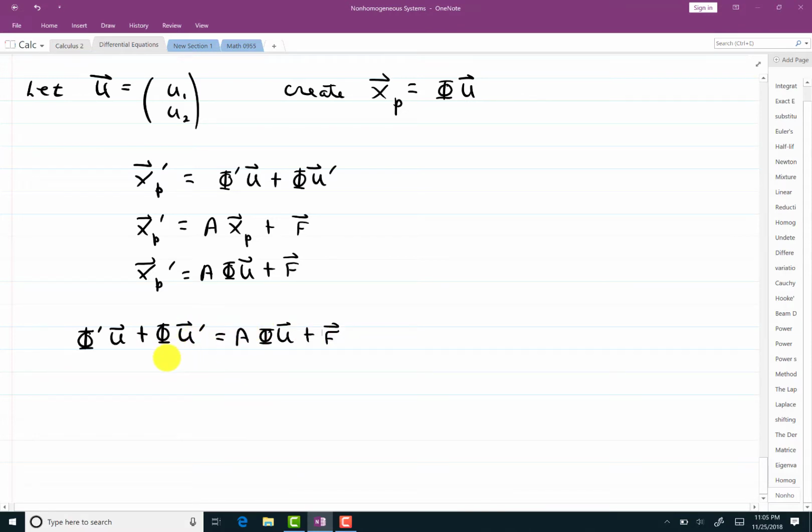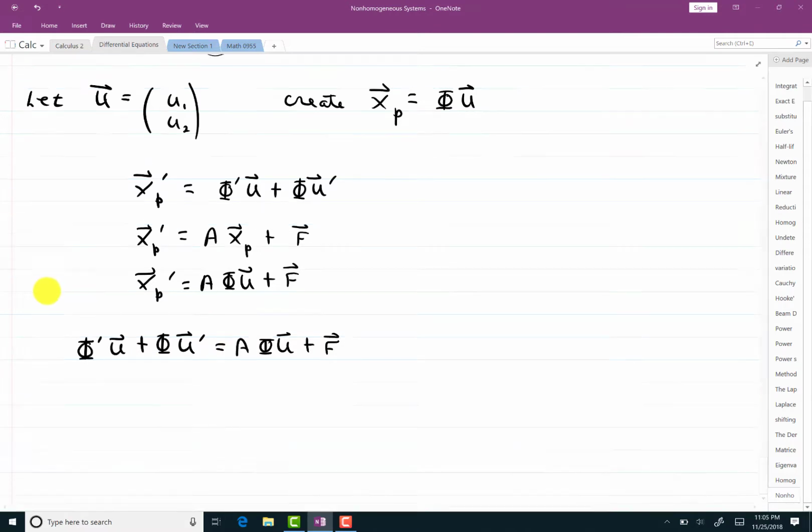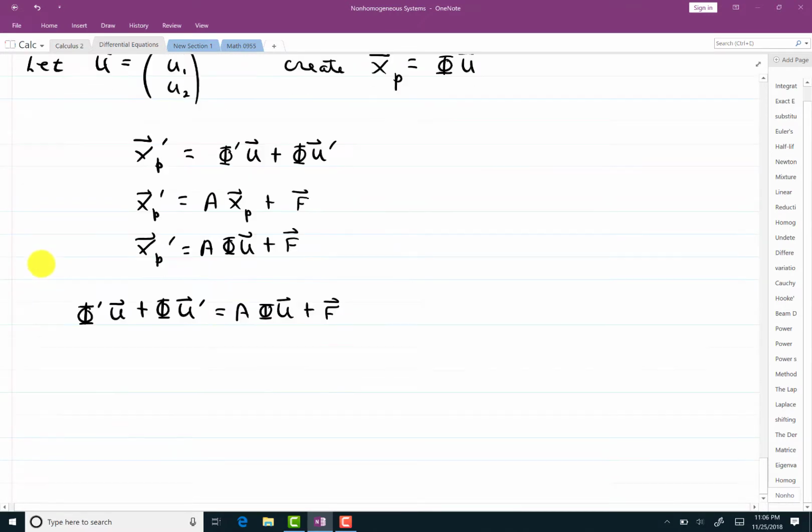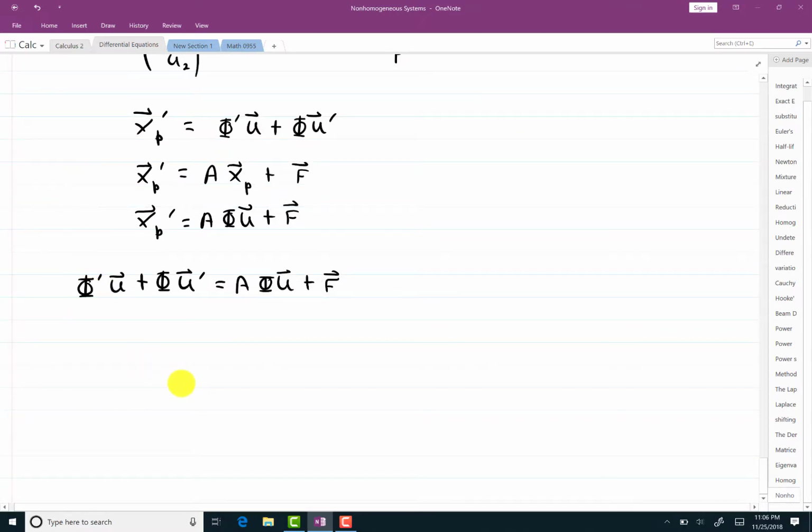Now somewhere around here, oh, there it is. That's exactly what I was looking for. There it is right up there. See it? Phi prime equals A phi. Let me go ahead and change this phi prime to an A phi. Well, this is nice because the A phi u's cancel. So I have phi u prime equals f.